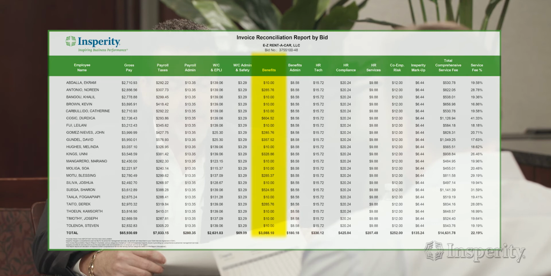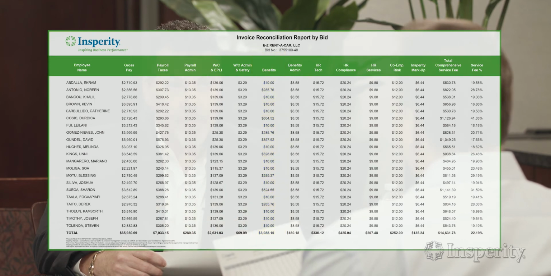Because your organization is not the plan sponsor, you're not the policy holder for that insurance program. Insperity actually is the policy holder. We are the plan sponsor for every single one of those benefits that I talked about before. So we pay the premiums, we allocate an allocation, and that's what our customers pay. Okay. That makes sense.